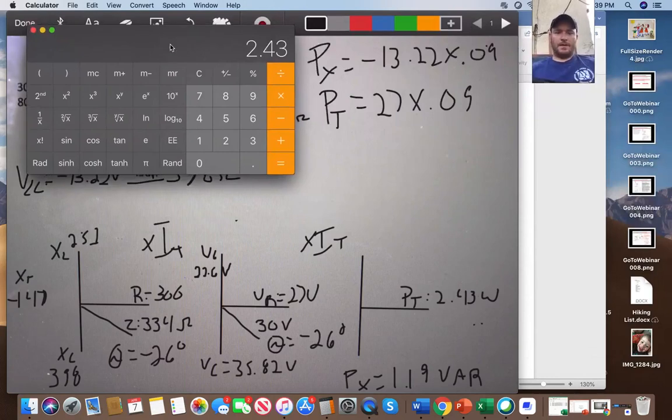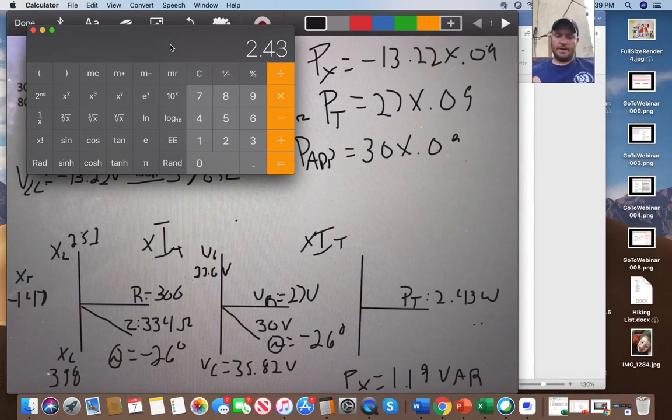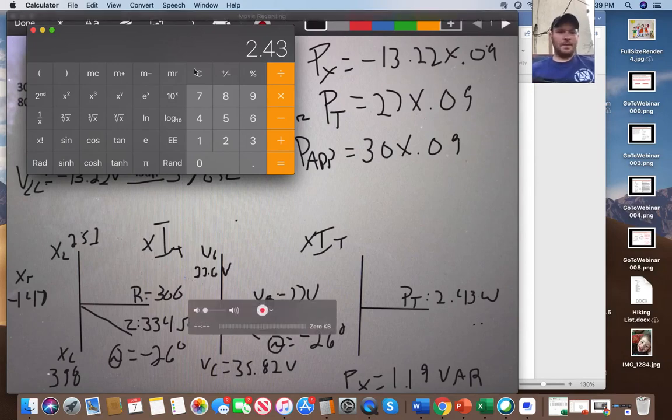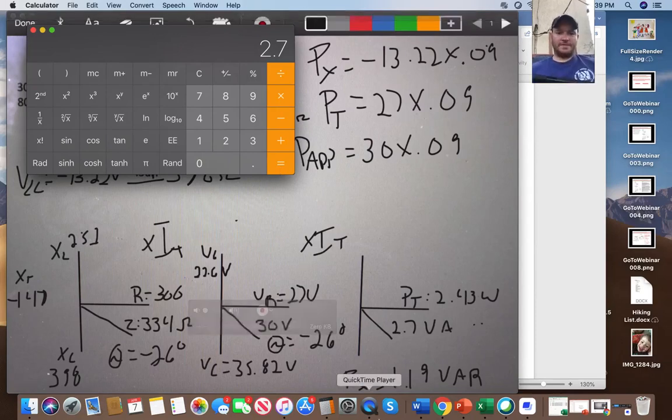Our apparent power is going to be our voltage total times 0.09. So we'll finish this up. 0.9 times 30 equals, all right, our apparent power is 2.7, and this would be volt-amps.